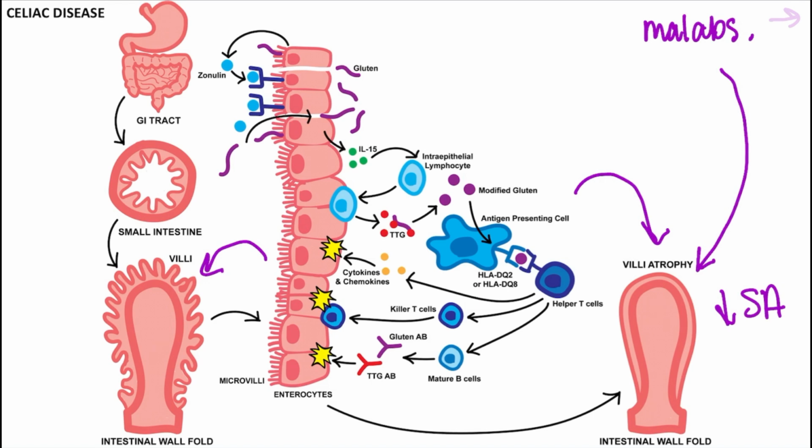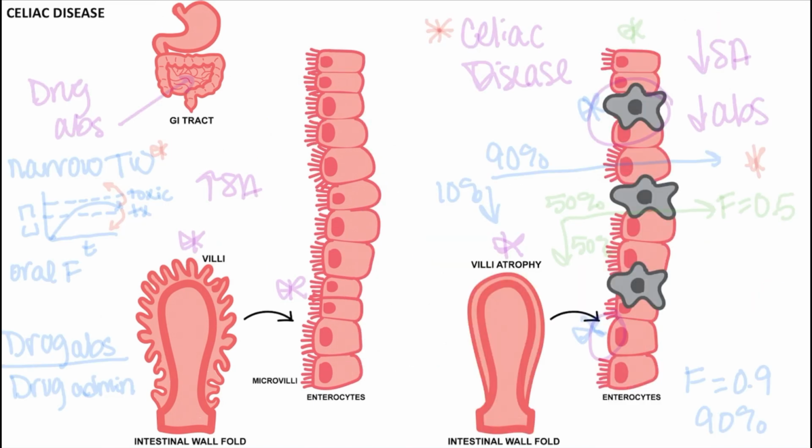And this also translates to the absorption of medications as well. So if we move to our last slide. So remember, regardless of whether a drug is a weak acid or a weak base, the majority of drug absorption occurs in the small intestines because of the immense surface area.